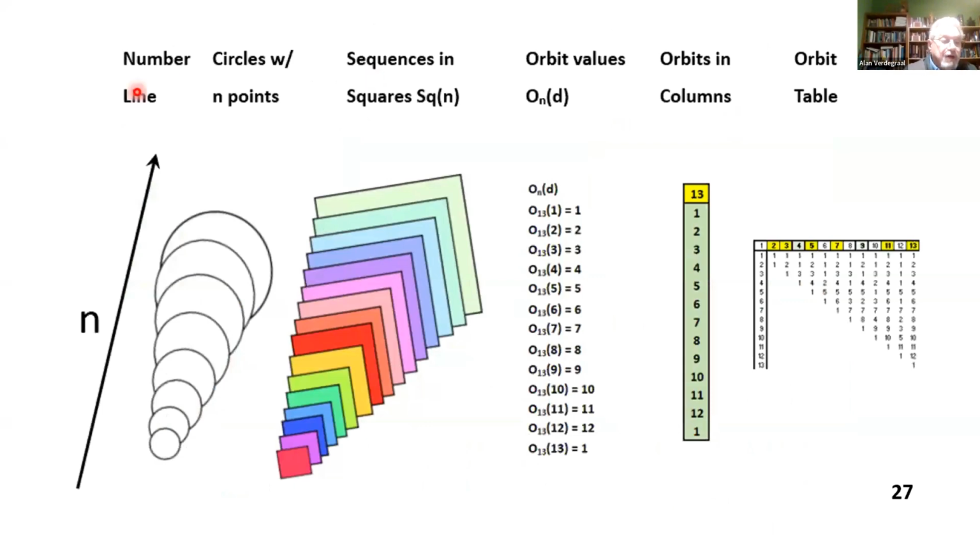So we took the number line, and instead of having points along the number line, we defined them as separate entities in themselves with circles and numbers of dots around the circles, labeling the numbers, and based upon that and doing the incremental counting, we came up with these arrays, these squares of sequences.